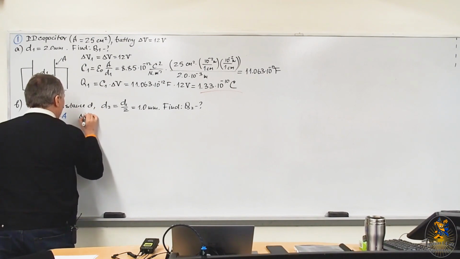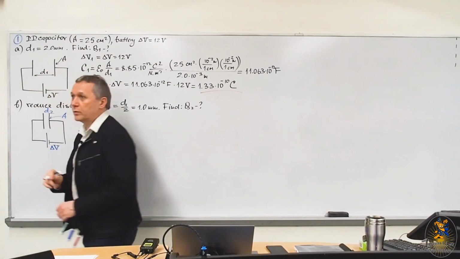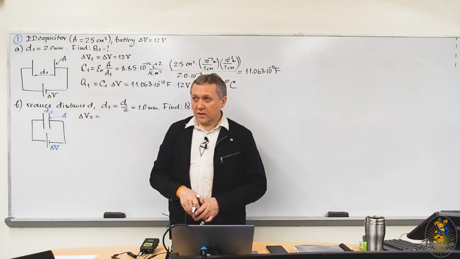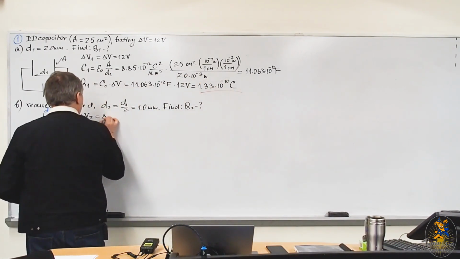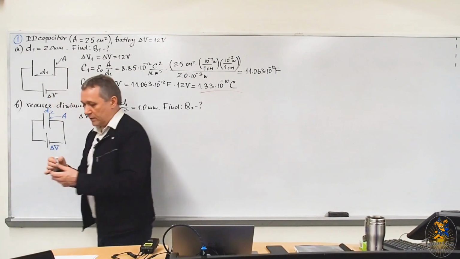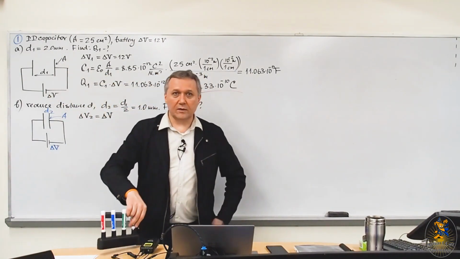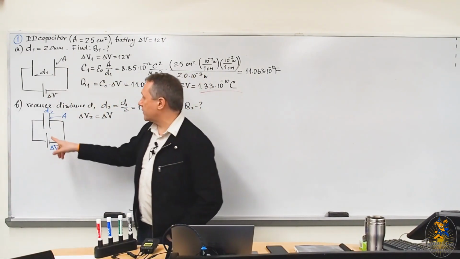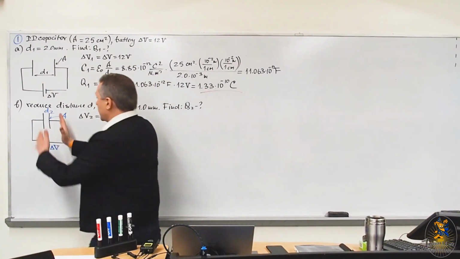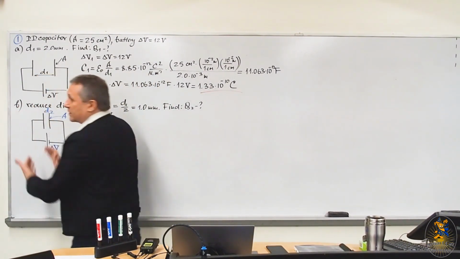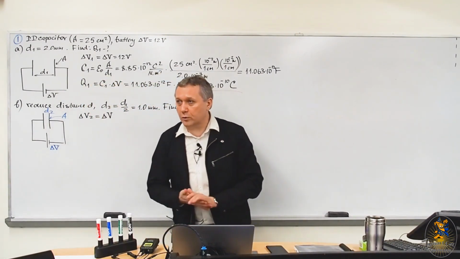Delta V2 will be equal to the same potential difference across the battery. You remember in the lecture and in the recitation classes, we discussed this situation. If a capacitor is connected to the battery, then it doesn't matter what you do with the distance between the plates, the potential difference is going to stay the same.